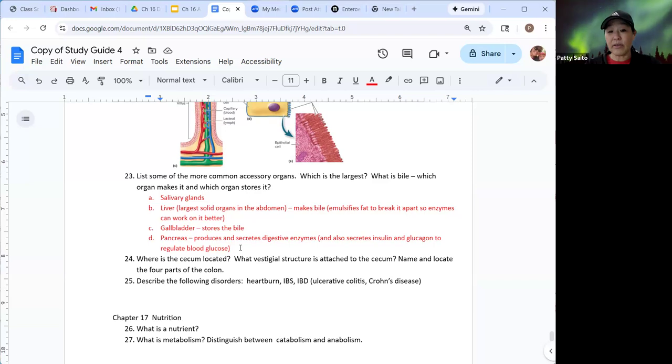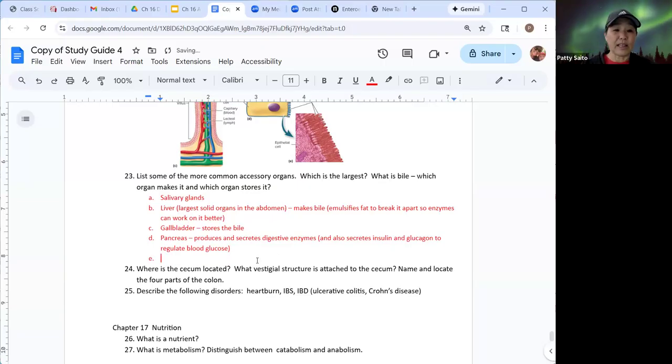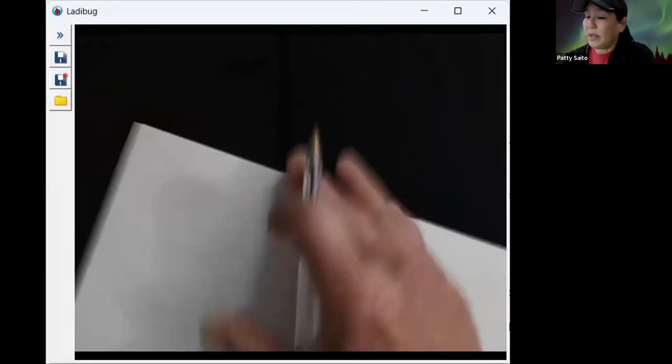This is an exocrine function, which means that it's going to deliver digestive enzymes through a duct into the small intestine. I'm going to draw what that looks like, and where that actually feeds in.